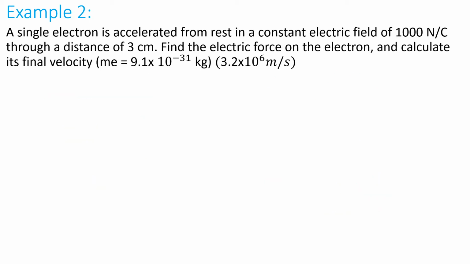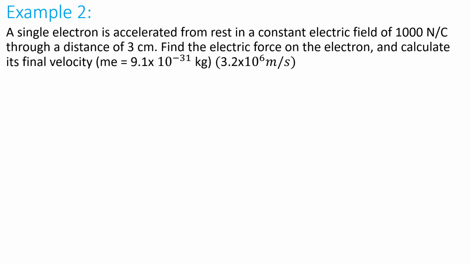We have example 2. A single electron is accelerated from rest in a constant electric field of 1000 newton per coulomb through a distance of 3 centimeters. Find the electric force on the electron and calculate also the final velocity of the electron.